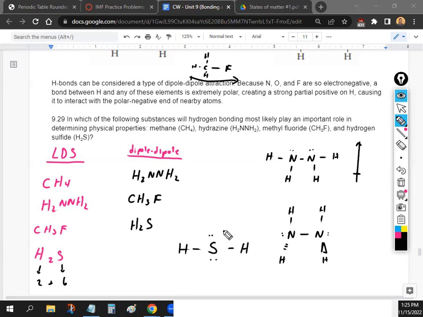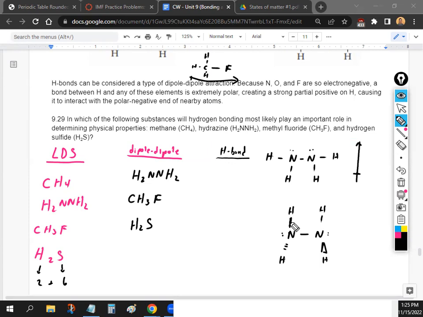Okay, all right, last one. Let's go to hydrogen bonds. Let's start with hydrazine. Will hydrazine have hydrogen bonds? Yes, it will, because we have lone pairs, right?